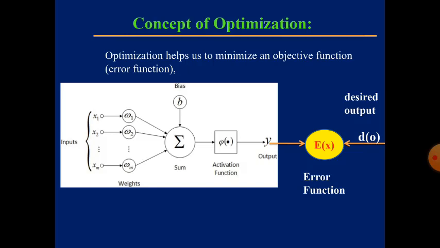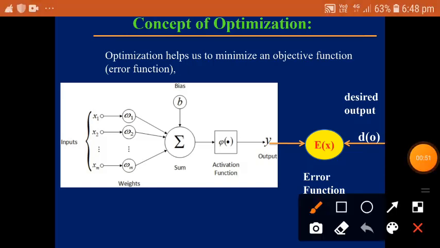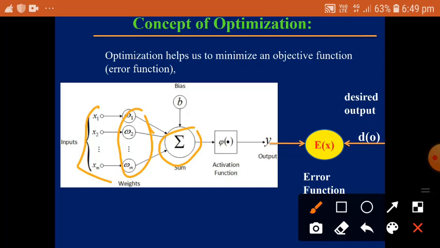If you see the figure, it's very clear. Suppose these are the set of input units, and these are the corresponding synaptic weights. Here this is the summation unit that we know, sigma xi wi, where i equals 1 to n or 1 to m. This is the bias.